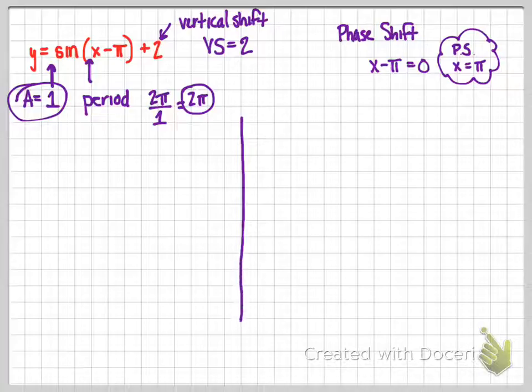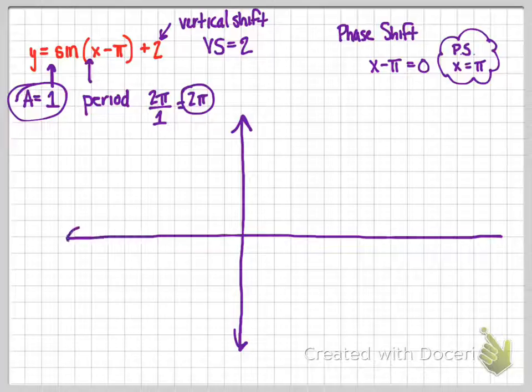So I'm going to get started in the exact same way that I normally get started. I'm going to label things the same way that I always do. We're going to worry about the phase shift at the end. I'm going to label 2, 4, 6, 8 in each direction. And I'm going to label a negative and a positive period in each direction.